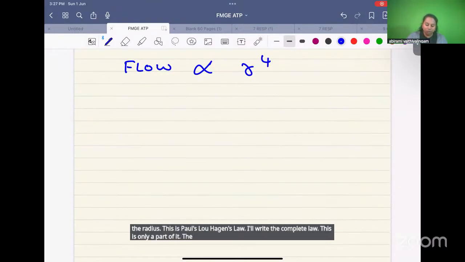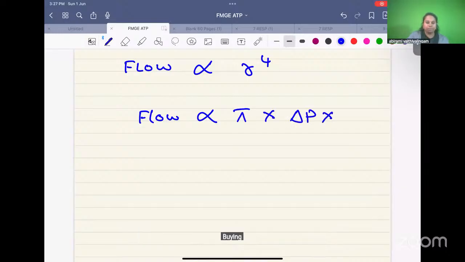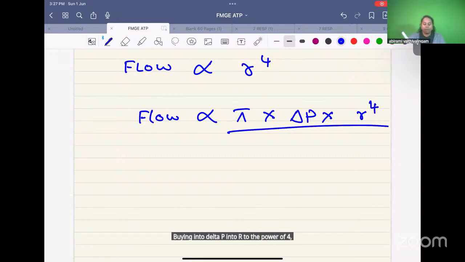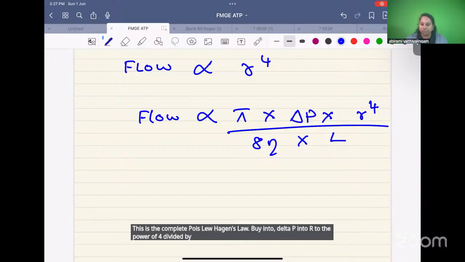The complete law is: flow is directly proportional to pi into delta P into r to the power of 4, divided by 8 times viscosity into length. Pi into delta P into r to the power of 4 divided by 8 times viscosity into length.